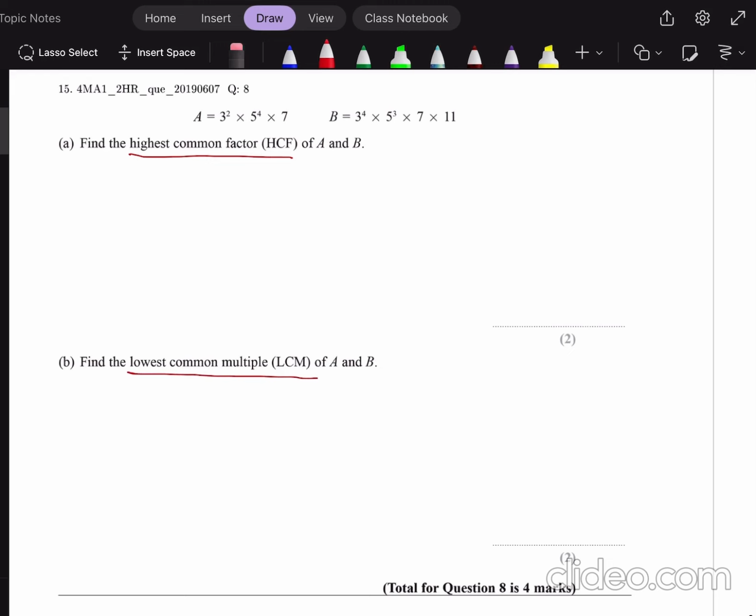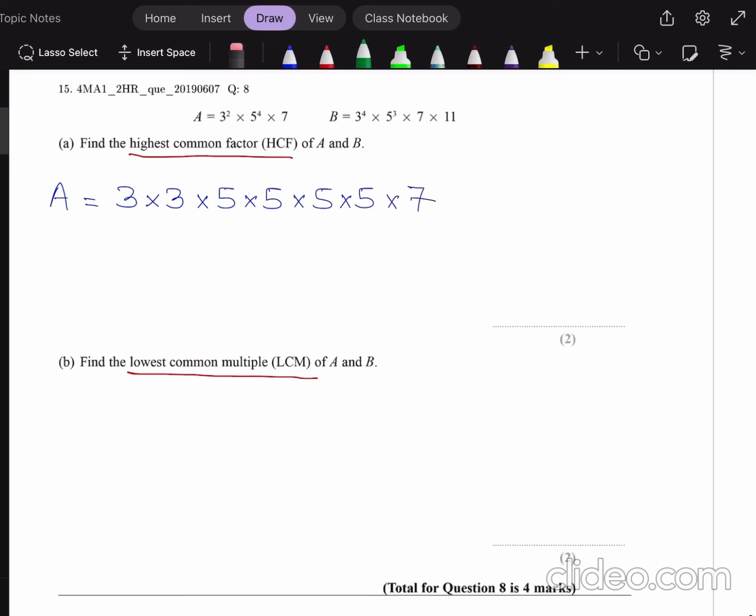Whenever a question is related to HCF and LCM, the first thing we need to do is write those numbers in the expanded form. For example, if A has 3 square, I can write 3 times 3. And 5 raised to the power 4 means 5 times 5 times 5 times 5, and then times 7.